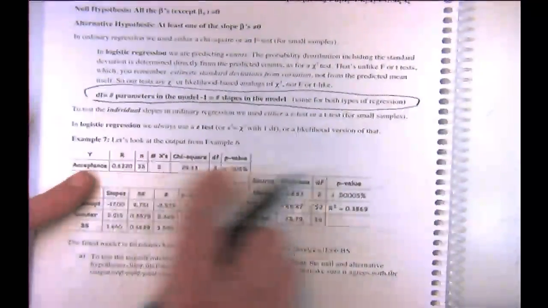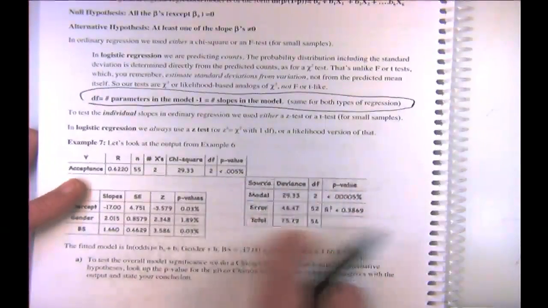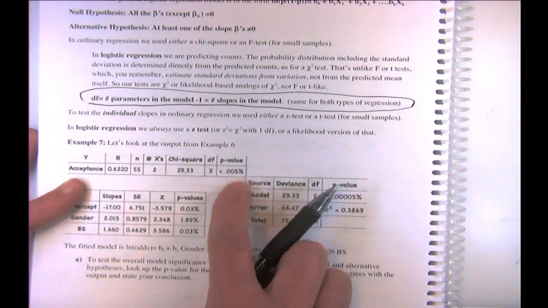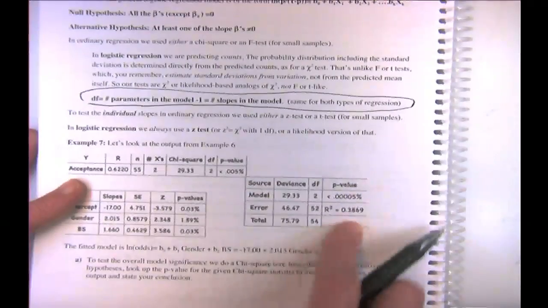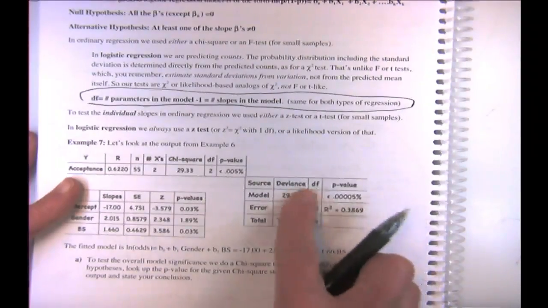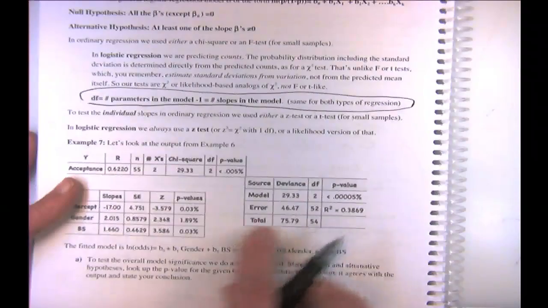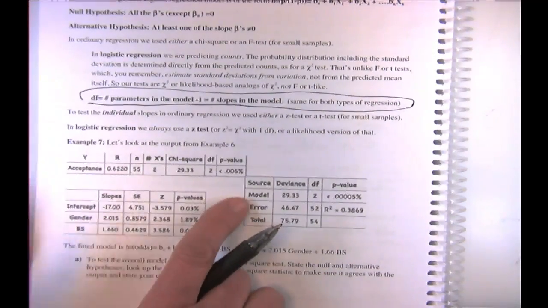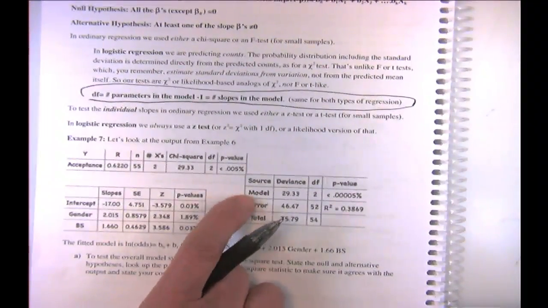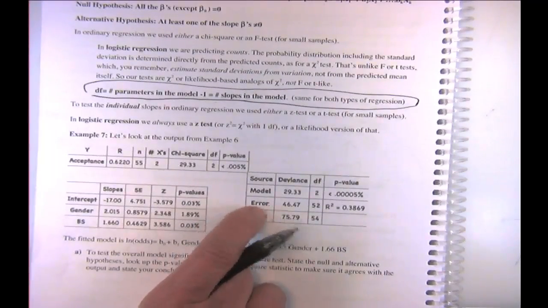Here's the output for the chi-square test, and here's the output for sort of the ANOVA version. Instead of the sum of squares error, we have something called the deviance. So we're partitioning the deviance into a model and an error here.